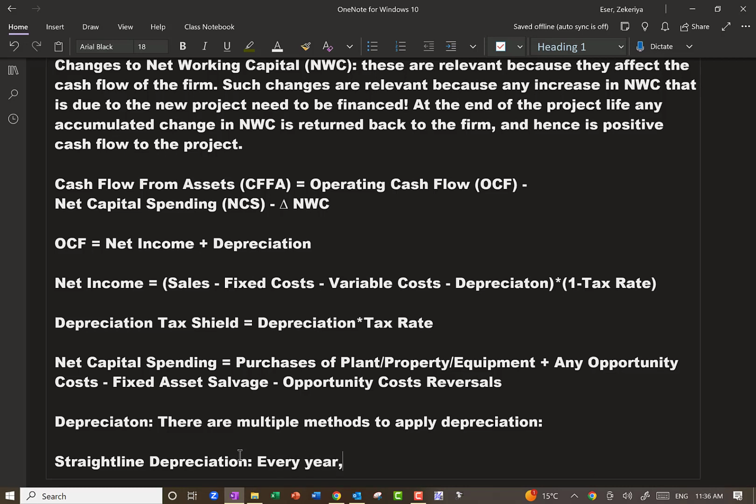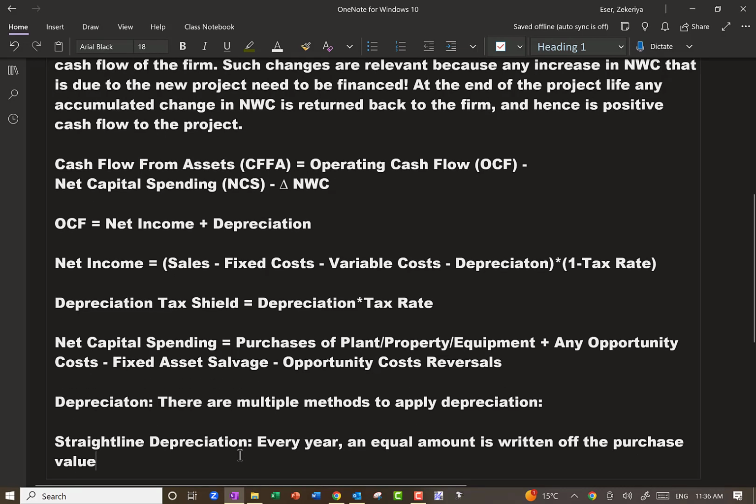Every year, an equal amount is written off the book value or the purchase value of a fixed asset over the tax life of the assets.